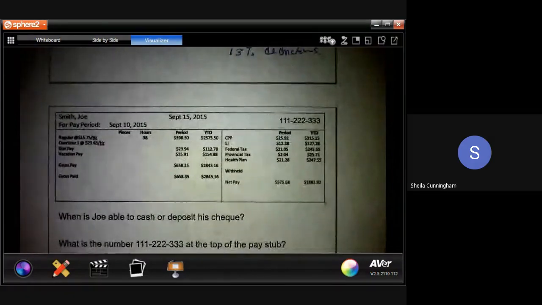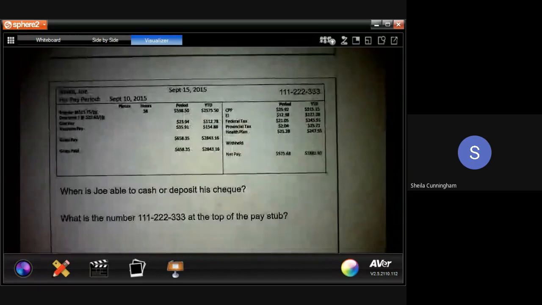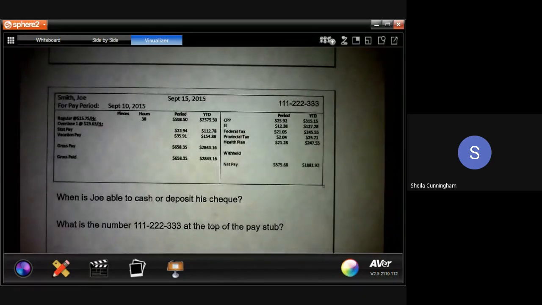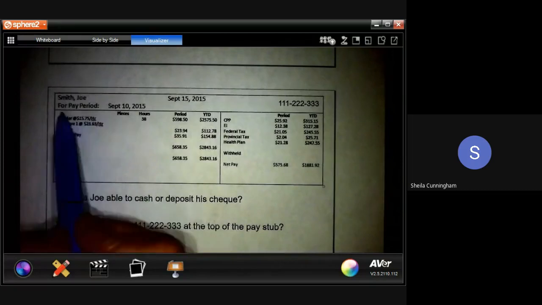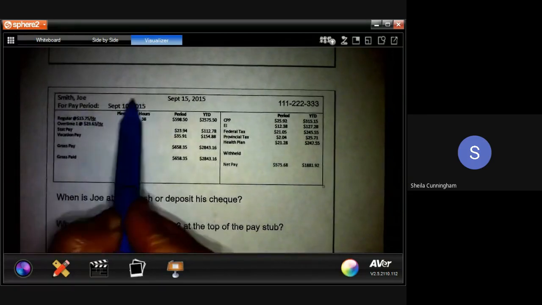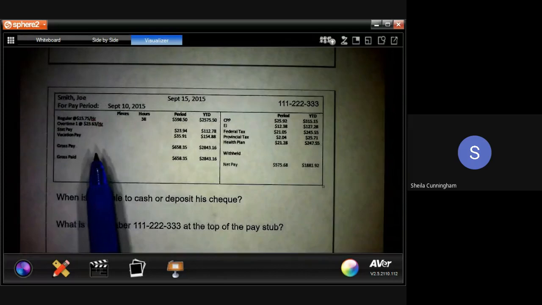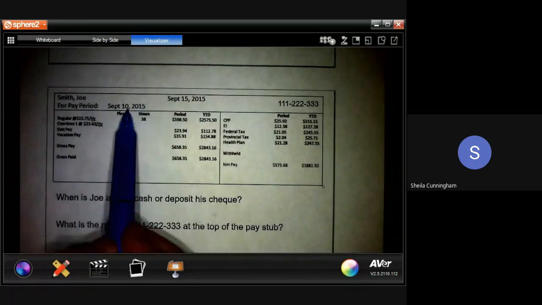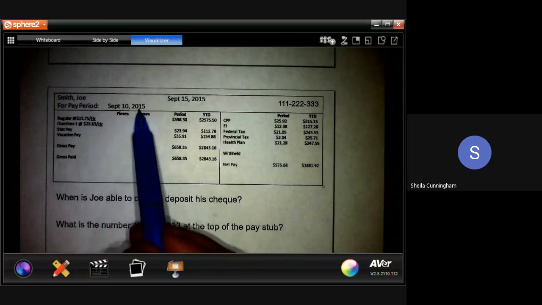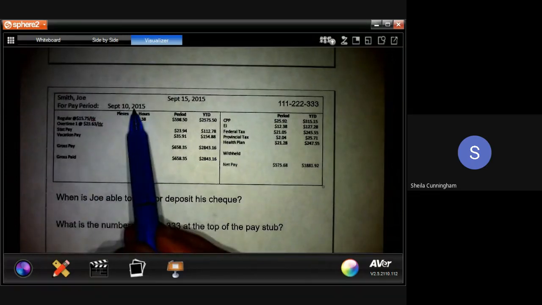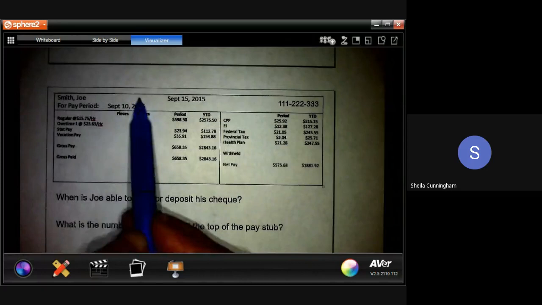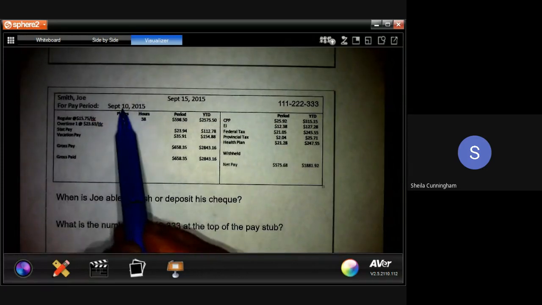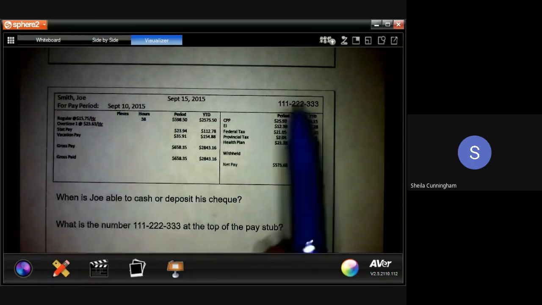So the last piece in this is to look at, if we look at Joe's pay stub, are we able to determine when Joe is able to cash or deposit his check? In this instance, there's a couple dates in here. The one specifically says it's for a certain pay period. That is for when he's going to get paid based on this time frame. Sometimes it'll say for a 2-week period and give you 2 dates from beginning to end. In this case, this might be ending on this particular day for that pay period.